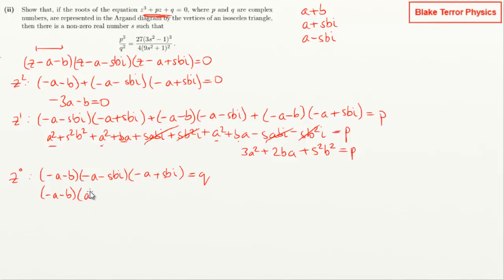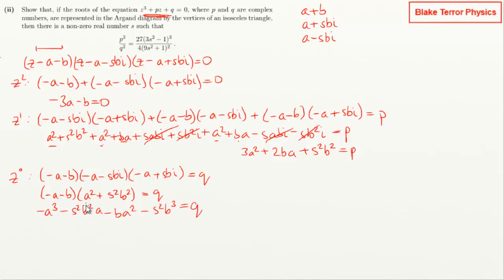That's just going to be an a squared and an s squared b squared, and that's equal to q. So minus a cubed minus s squared b squared a minus ba squared minus s squared b cubed is q.